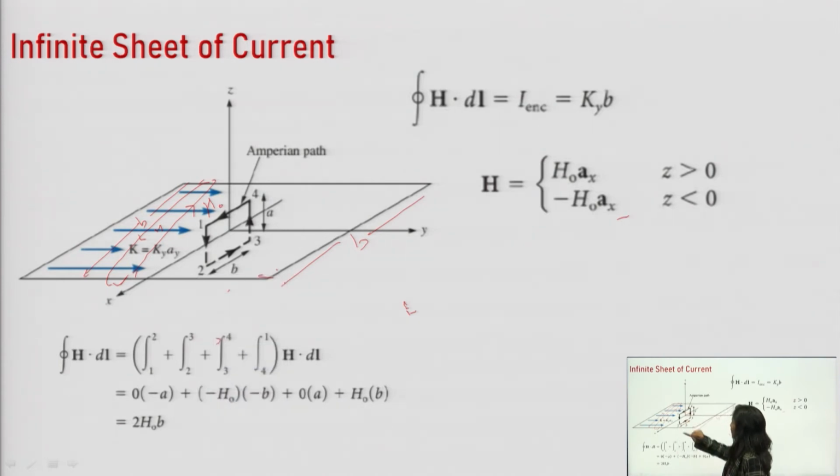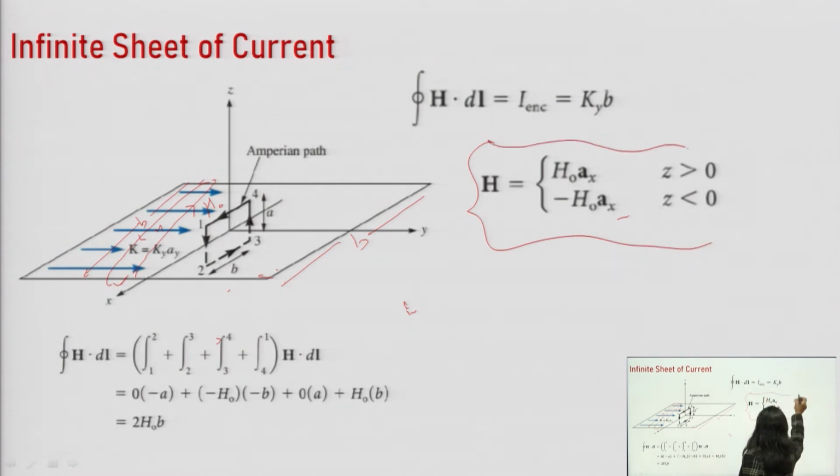As we are having 2H, we have defined H as H naught a_x for z greater than 0, and H equal to minus H naught a_x for z less than 0. We can see that this current sheet is kept on the xy plane, or alternatively, the current sheet is placed at z equal to 0. So we have defined H as this.